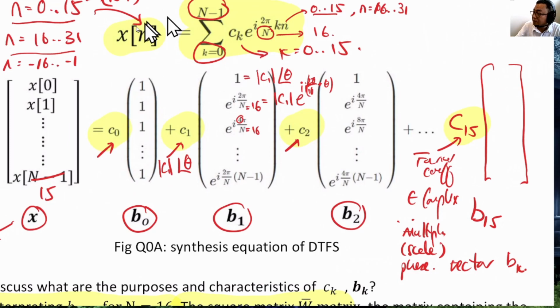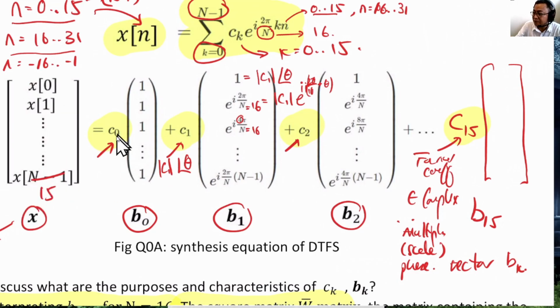From the synthesis point of view, we can now think of the c's as how much contribution different vectors will make towards constructing x.